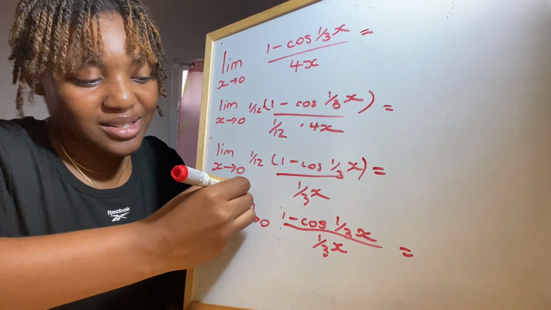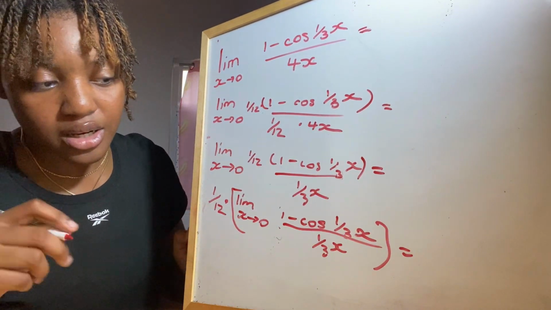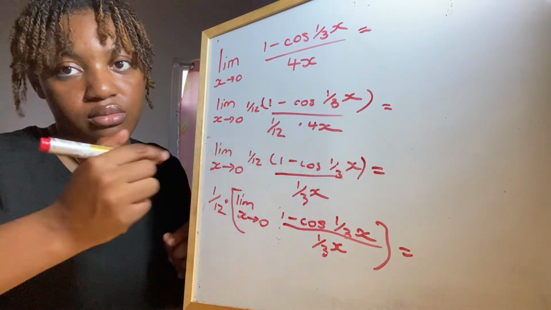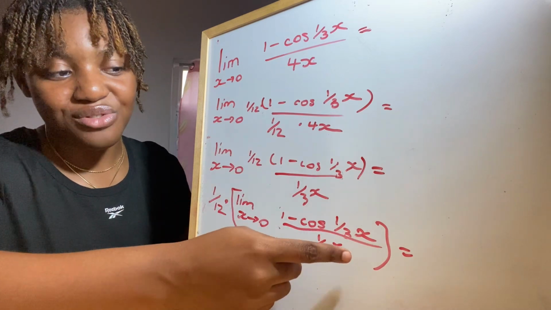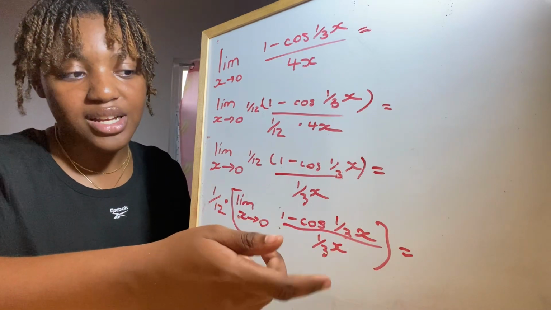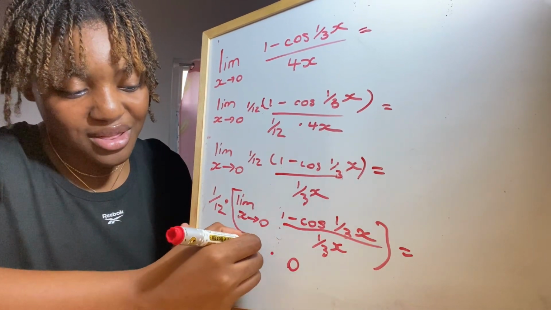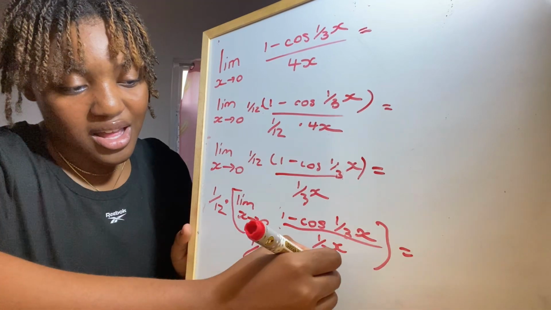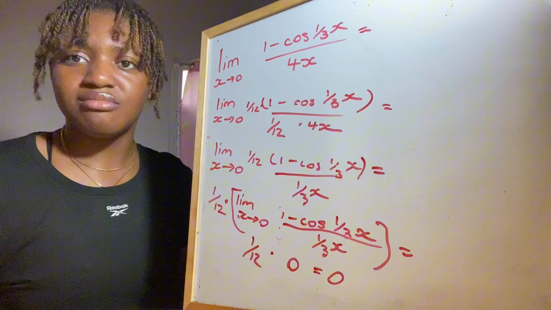For this expression, put the multiplication sign, this would be equal to 0 because we're using the special case. The a, the number in front of x, is the same, so we can use the special case, and this would be equal to 0. So we have 0 times the 1/12, and that gives us 0. So the limit for this function is 0.